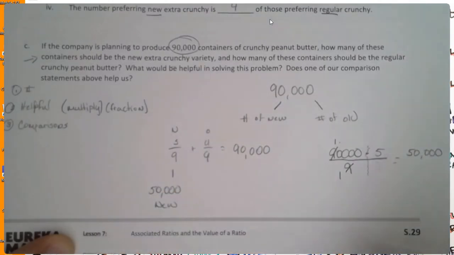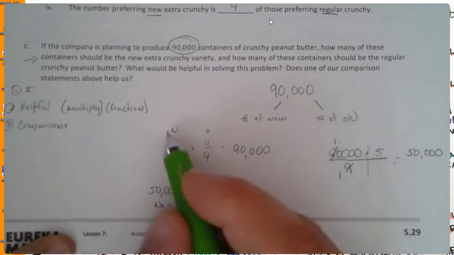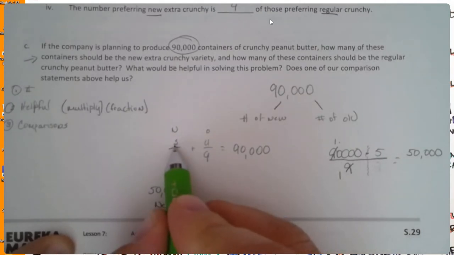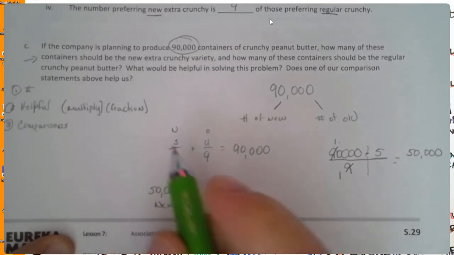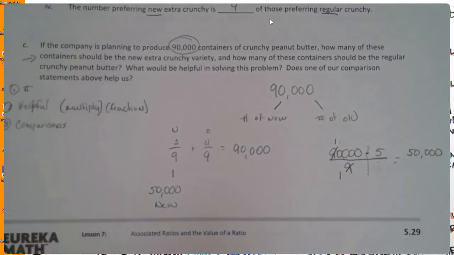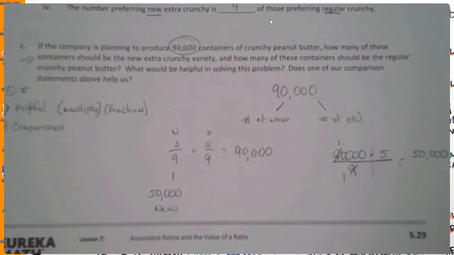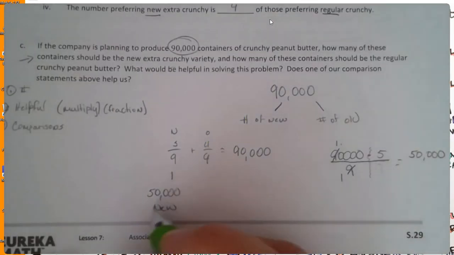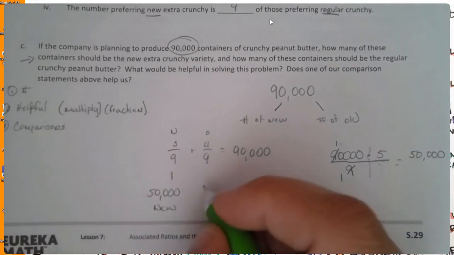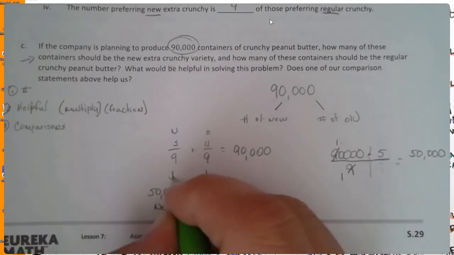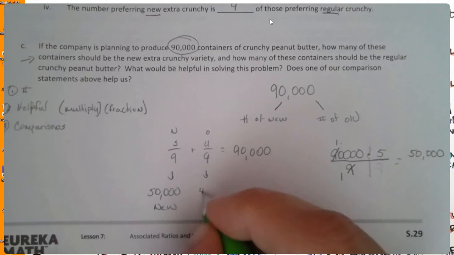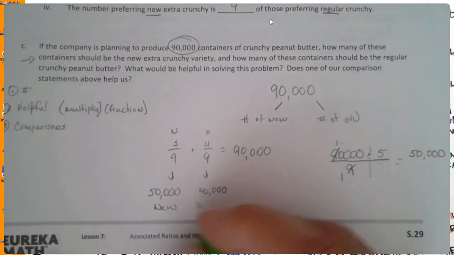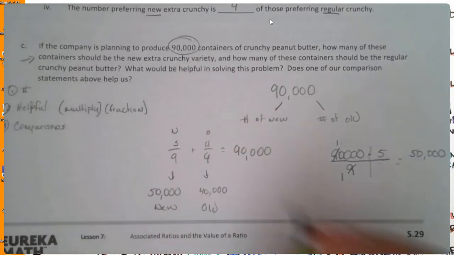Well, that's interesting, because if you look at my comparison, it started with a 5 at the top. So if there's a 5 up here, and there's a 5 down here, maybe the same thing can be said about, let me try to focus a little bit here, guys. There we go. So if this 5 and 50,000 match, then I should be able to say that the 4 and 40,000 should match, and that should be the old peanut butter.